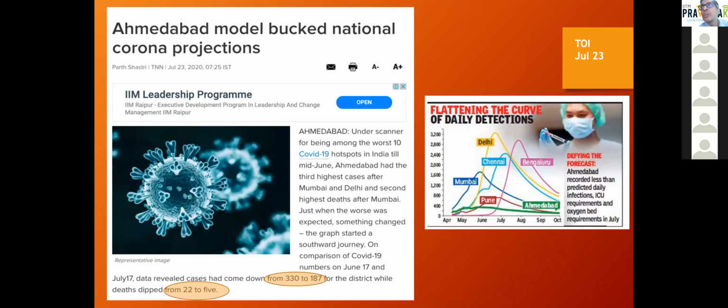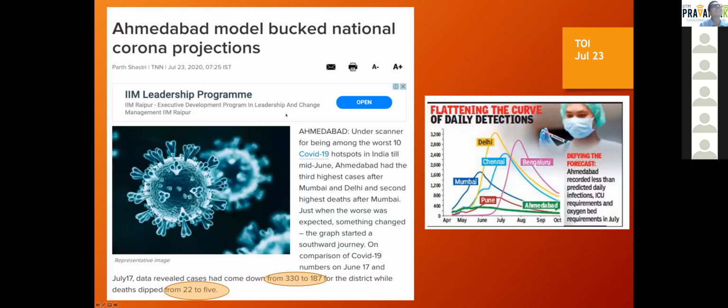And I must tell you, from July to today, we are in October, almost November, the cases in Ahmedabad have been within 150 to 200 per day. While in Chennai we were having something like 2,000, and in many places like Mumbai and Thane there were very high numbers, Ahmedabad was able to maintain the same 150 to 200 for the last several months now. And the death rate has also come down to 2 or 3 per day, which is very good, looking at Ahmedabad.